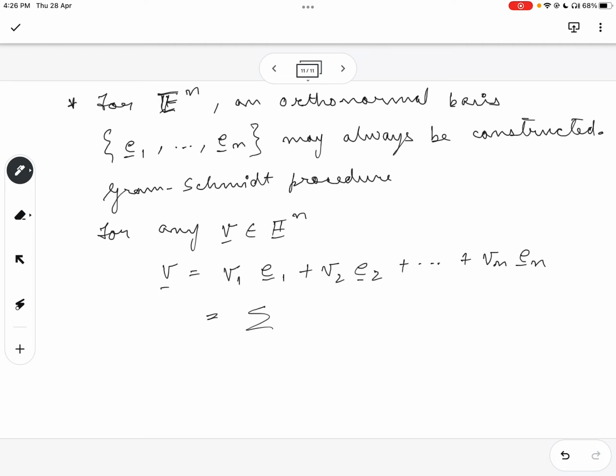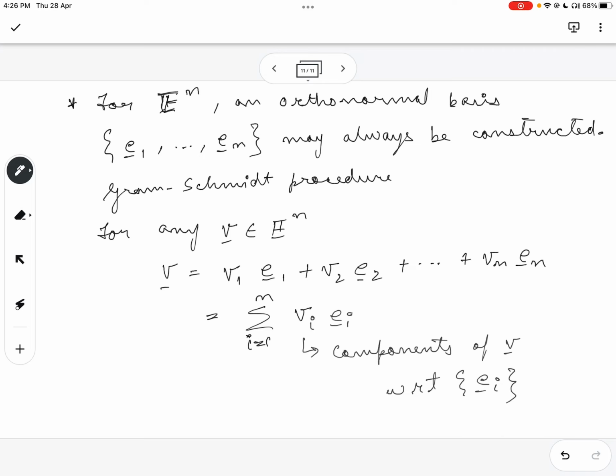This can be written as a sum, where vi is a scalar. So these vi's are components of v with respect to the basis vectors ei.